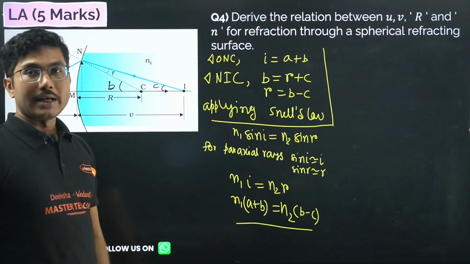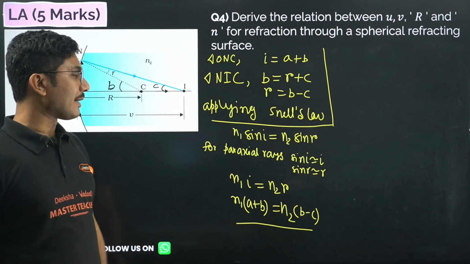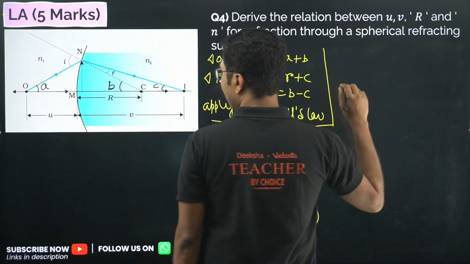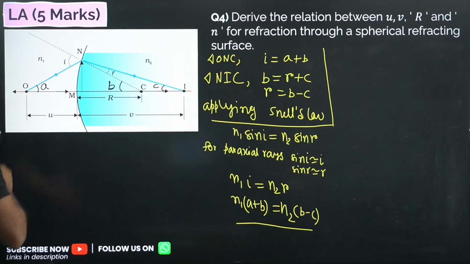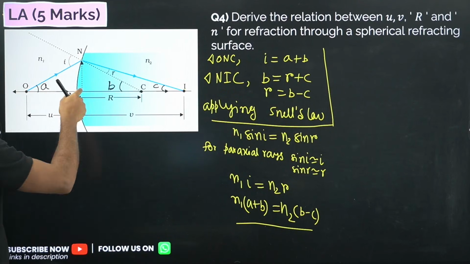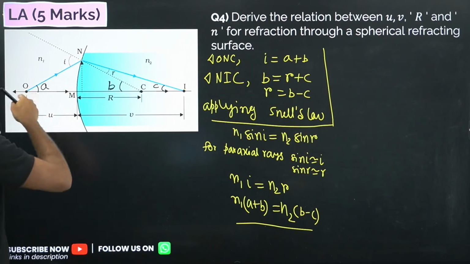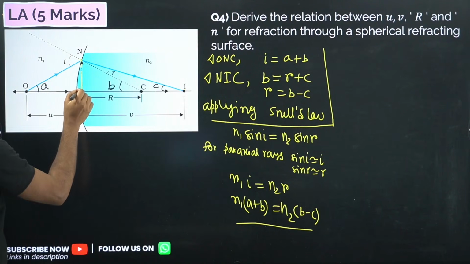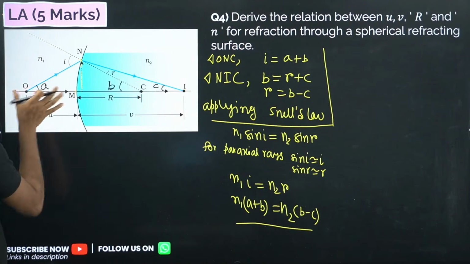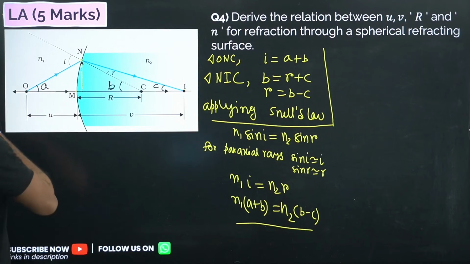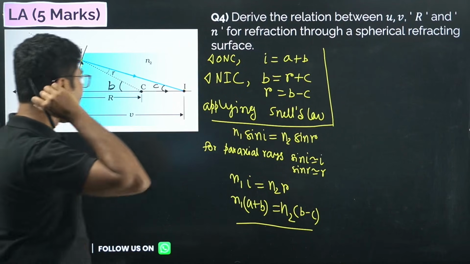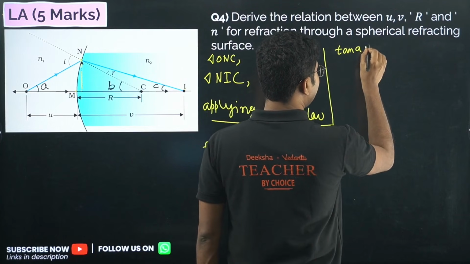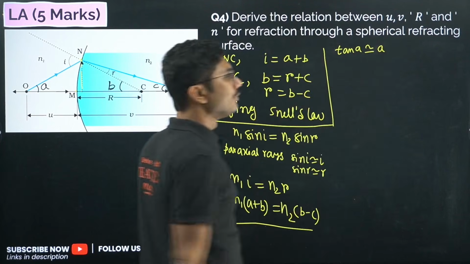Now the part left is to find A, B and C. For that we have to go back to the individual triangles. Now NOM, the triangle we are using: for paraxial rays this point is very close to this point, so we will take this as our point M. It will not change. We take tan A nearly equals A. We will use this directly.